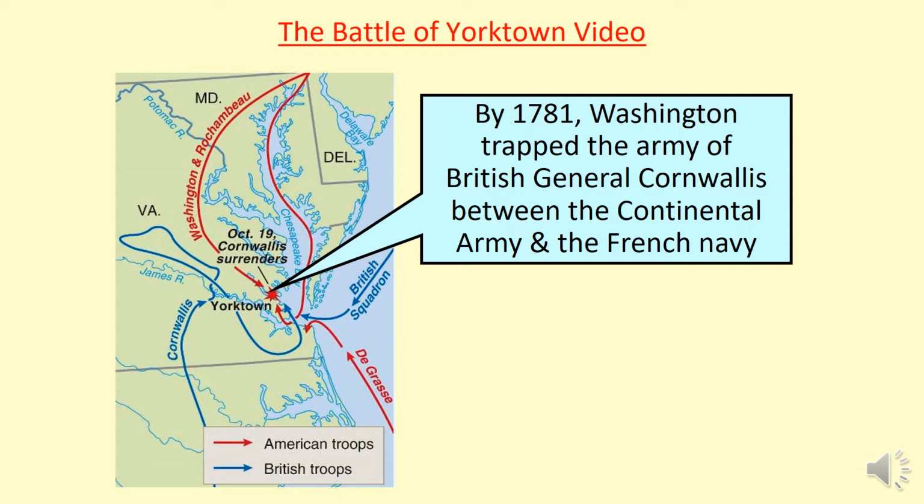Basically, Washington and Rochambeau march their troops all the way from the north and cut off any escape. And then the French Navy traps him on all sides of that peninsula, and he has no option. He has to give up.